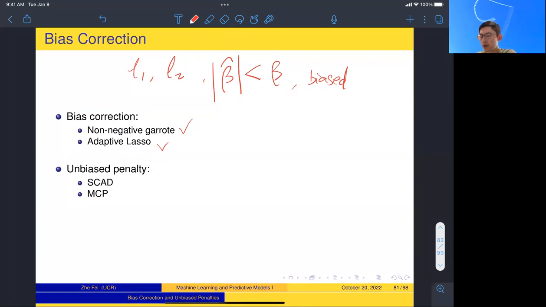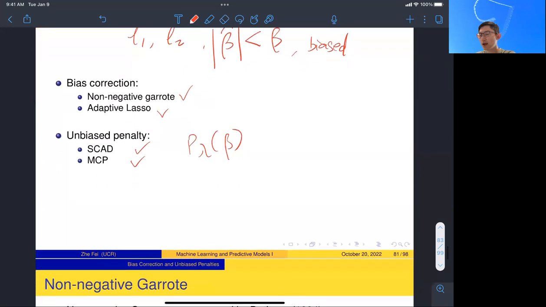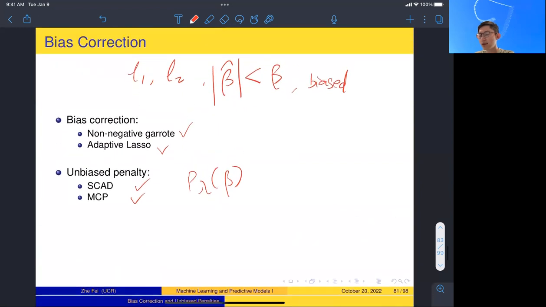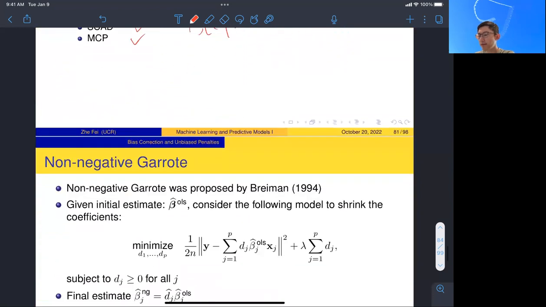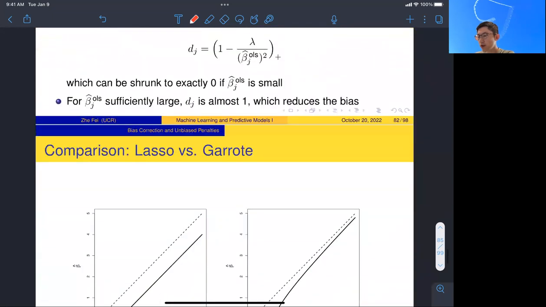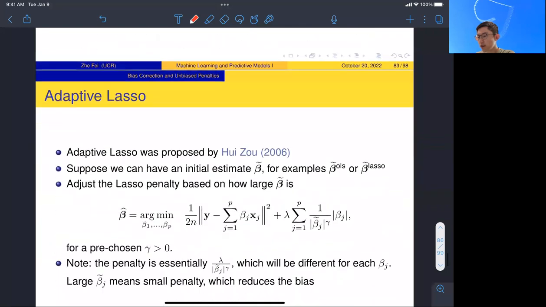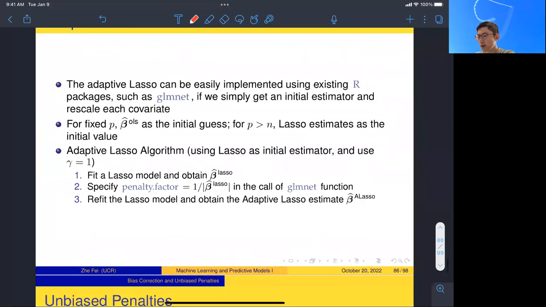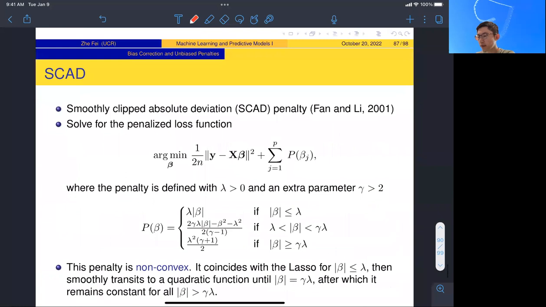For these two methods, we essentially change the p lambda of beta function, defining a specific p lambda function in order to achieve this unbiased estimate property.